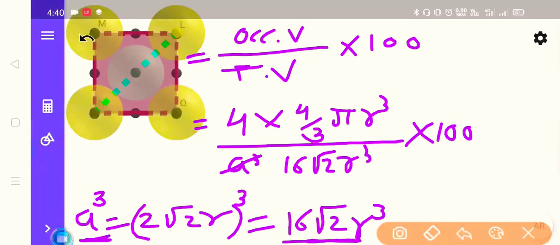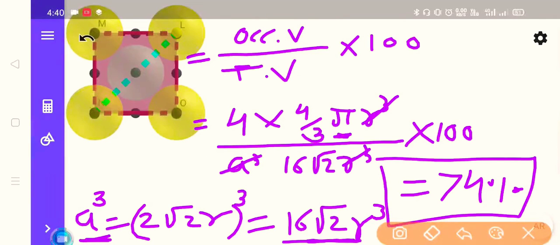Okay, so now again the same thing, we can cancel out common values in numerator and denominator, that means r cube. Now by simply placing the value of pi you will get all the digits, and by calculation you will get 74%. That means 74% space is occupied by spheres in this type of unit cell, FCC or HCP unit cell.